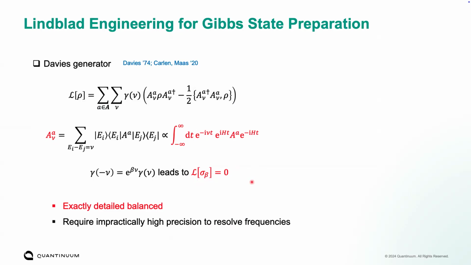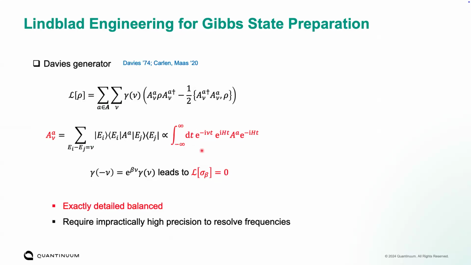A nice point about this is that by constructing it this way, it is exactly detailed balance, meaning that sigma_beta is the fixed point. However, as you can see from this integral expression, this requires an integral over t that goes from minus infinity to infinity. This comes from the fact that you want to specify nu exactly, with infinite precision.